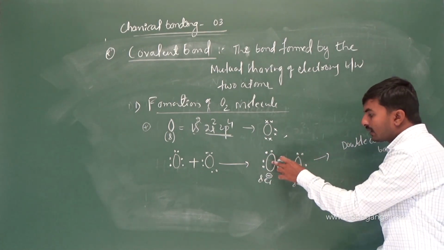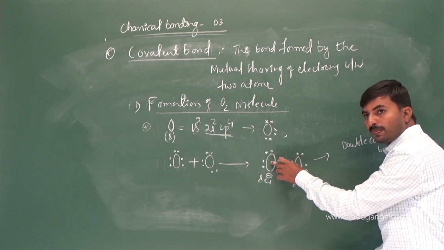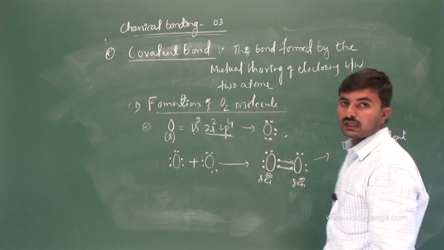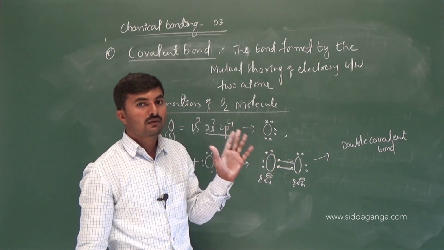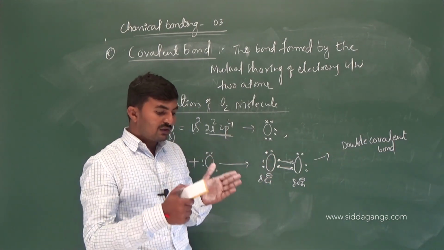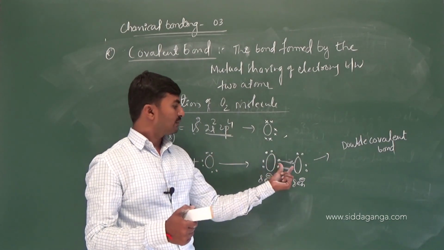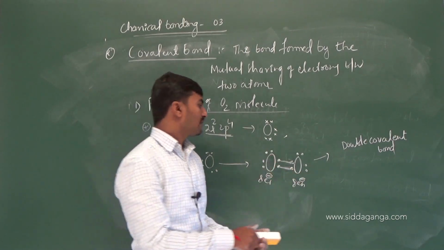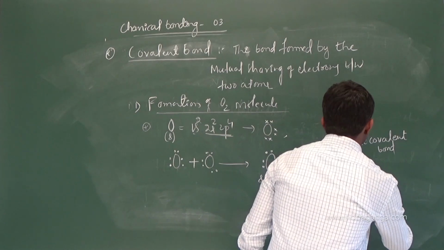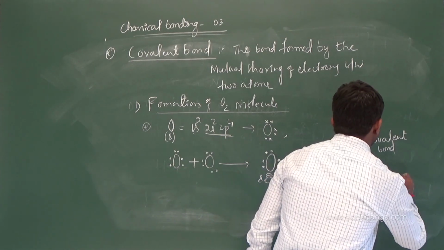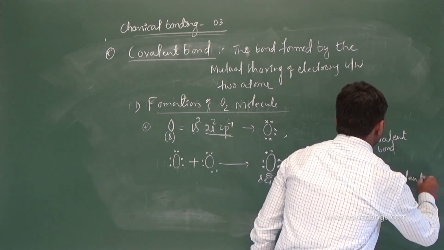But here both atoms are the same, so there is no unequal sharing of electrons. Instead, equal sharing of electrons takes place between both atoms, resulting in the formation of a non-polar covalent bond. This is a non-polar covalent bond.